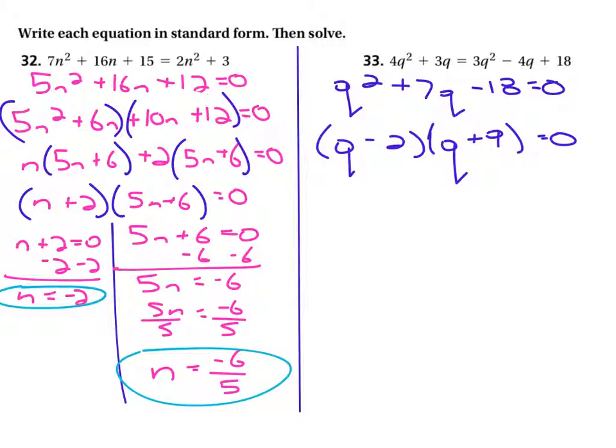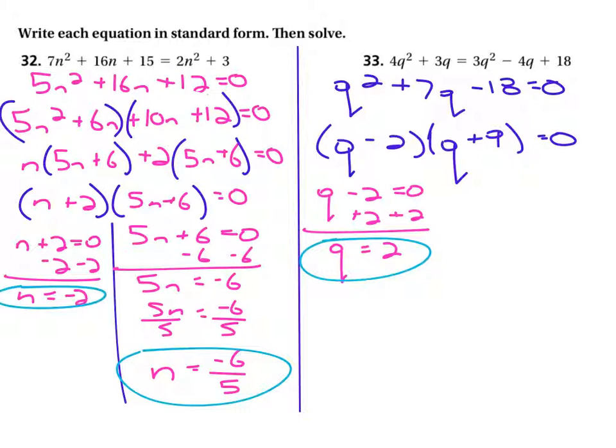And then we can set each one equal to 0. q minus 2 could have been equal to 0, in which case q must be 2 for that to happen. And that's one answer.